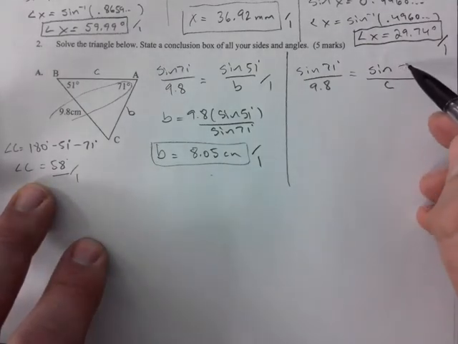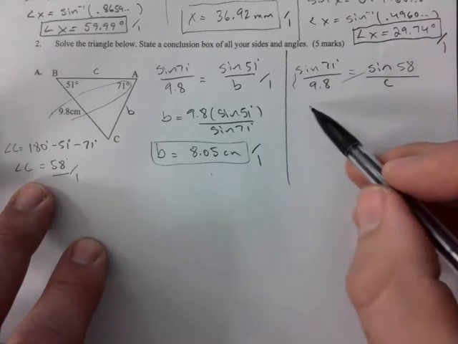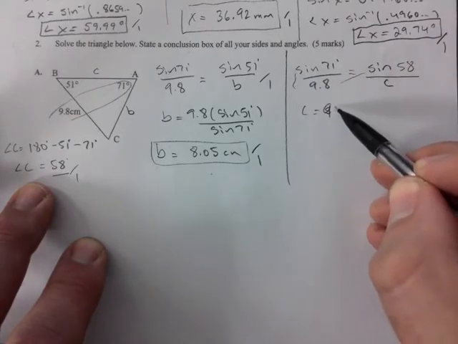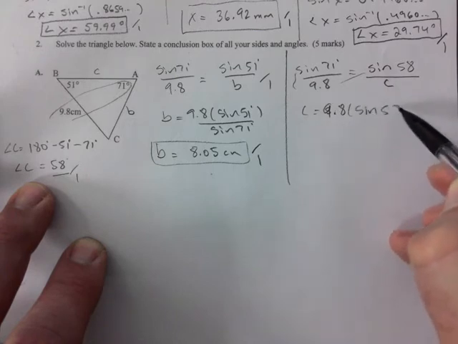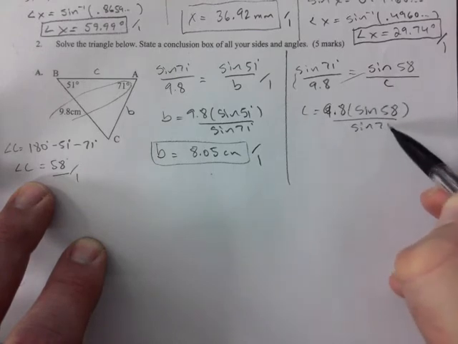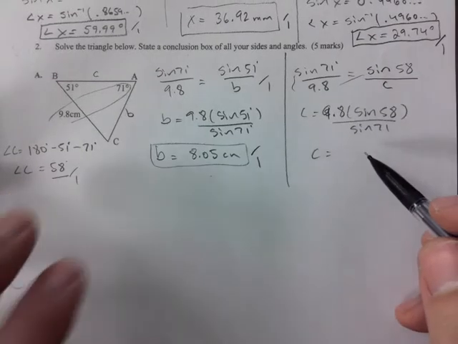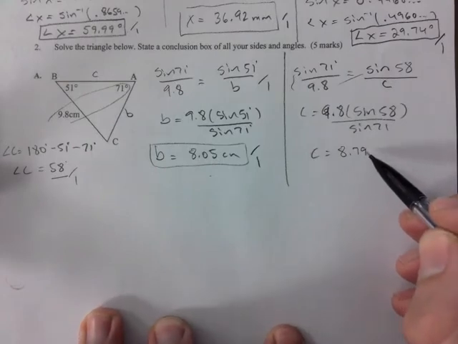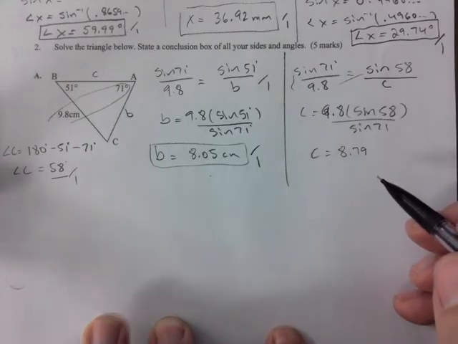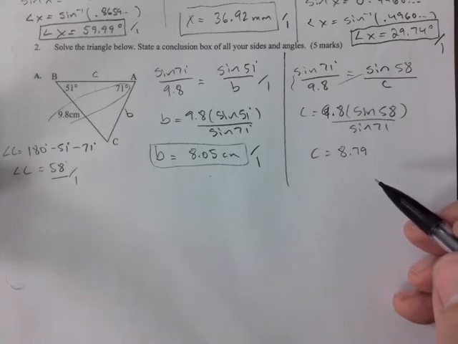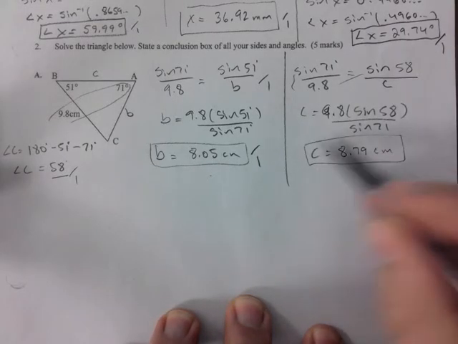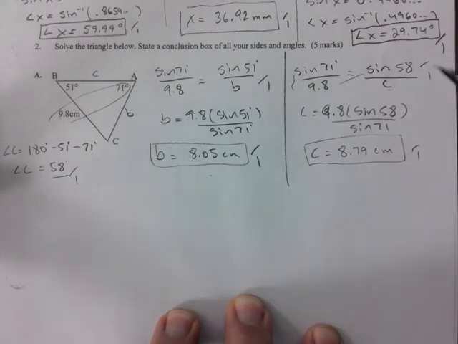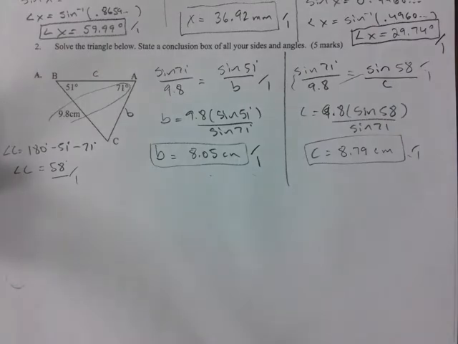So we have sine of 58, cross multiply and divide: 9.8 times sine of 58 divided by sine of 71. My answer says 8.79 centimeters. Hold on, is that right? Yeah, okay. Centimeters, we're good. So that's 1 and that's 1. So 1, 2, 3, 4, 5. Because now I have all 3 sides and all 3 angles.